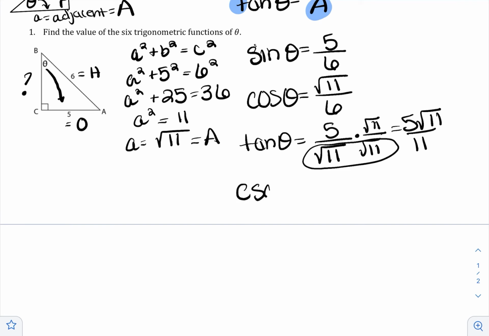Okay, the cosecant of theta is going to be, so in the next material, I'm going to teach you a trick on, if you know sine, cosine, and tangent, how you're going to know cosecant, secant, and cotangent. But for now, we're just going to look at the definitions.